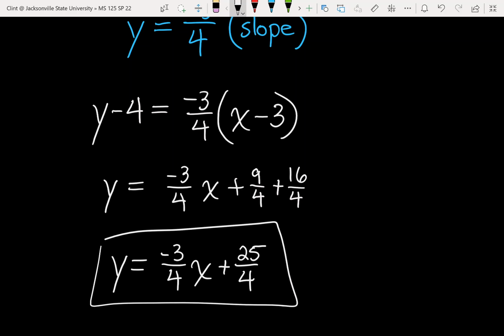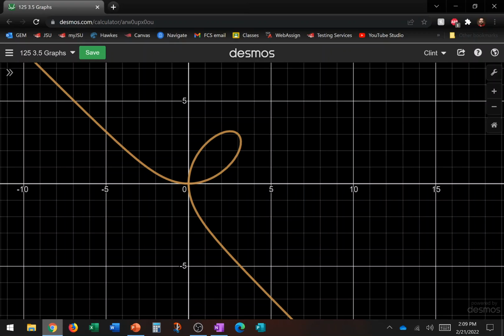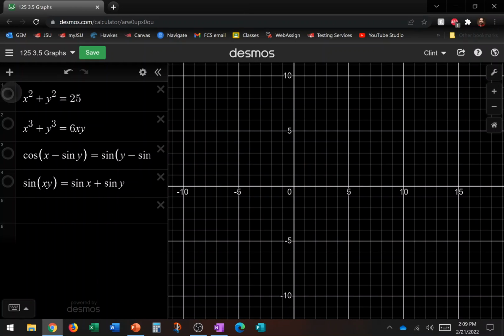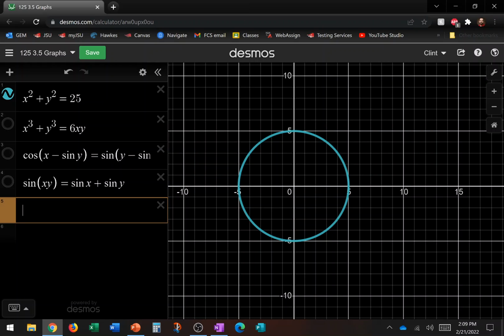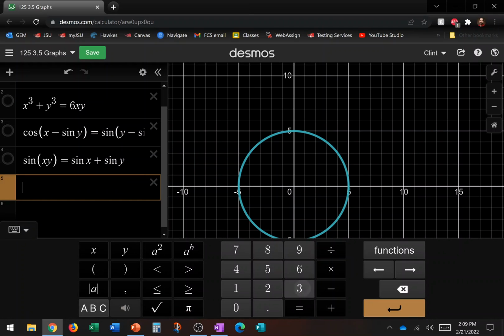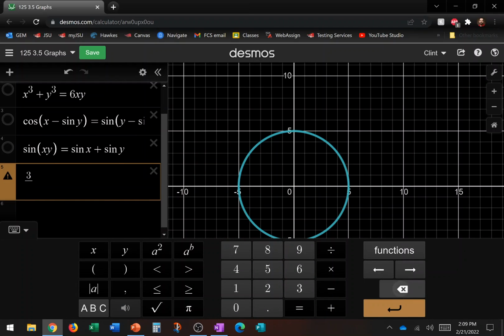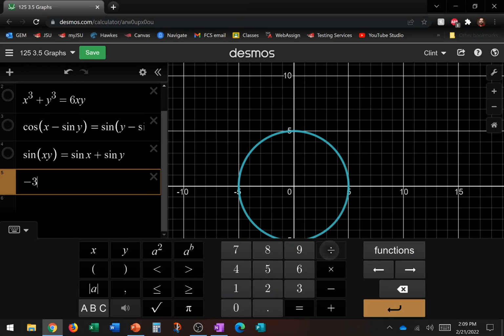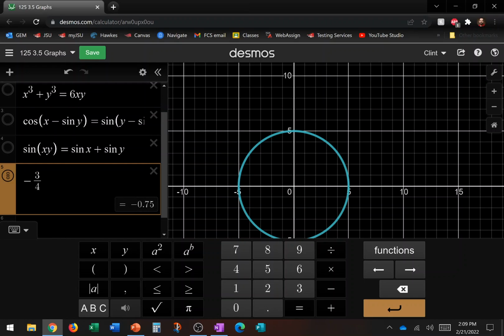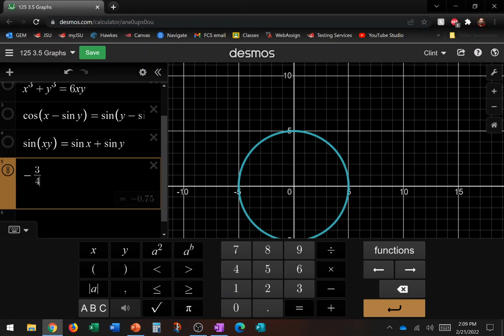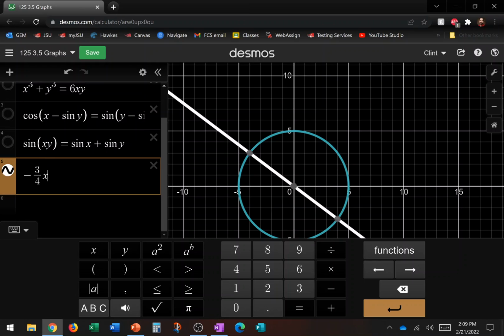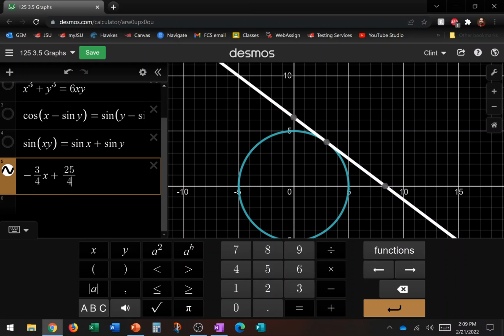Okay. So let's look. We got negative 3/4 x plus 25 over 4. Let's check it on the graph. So go back to our circle and then put in our, it was negative, wasn't it? x plus 25 over 4.